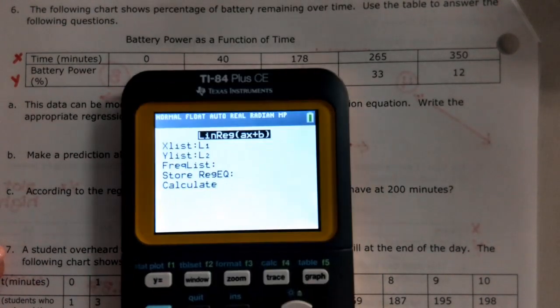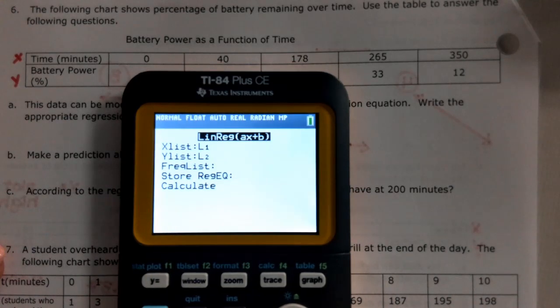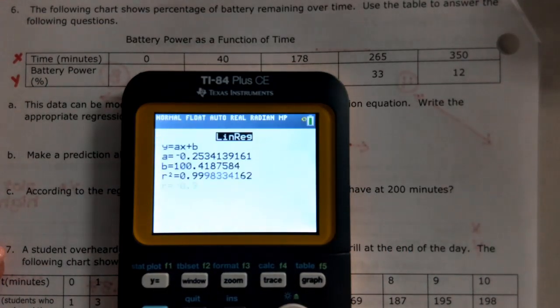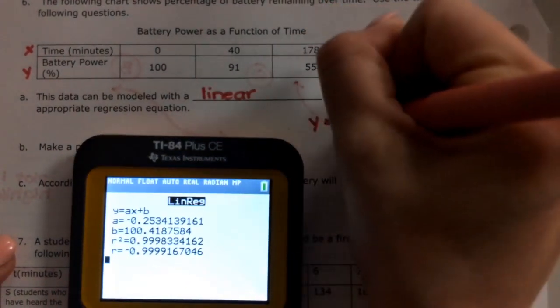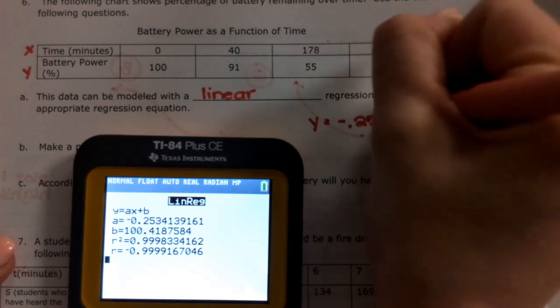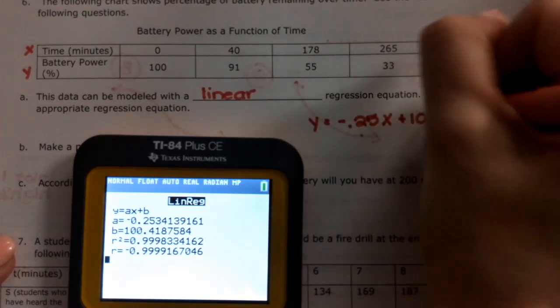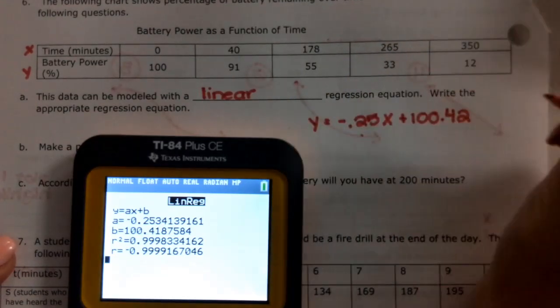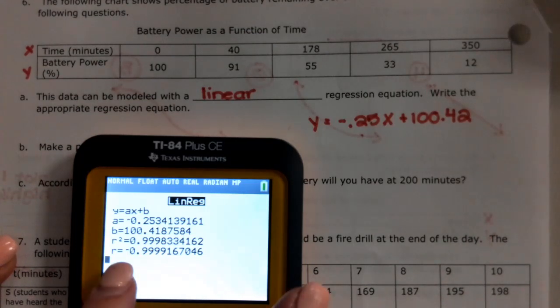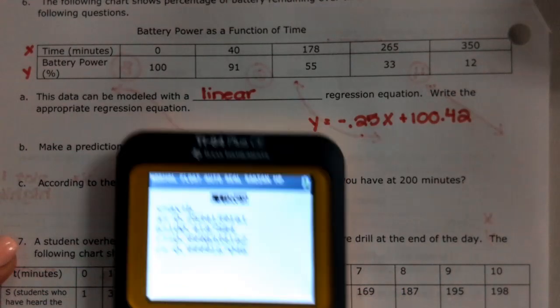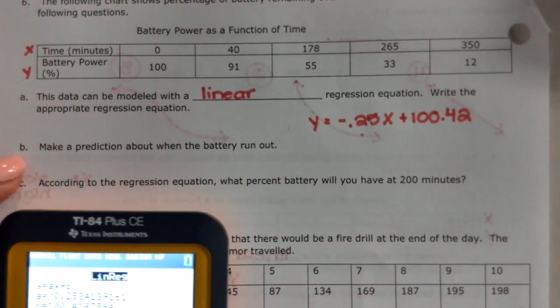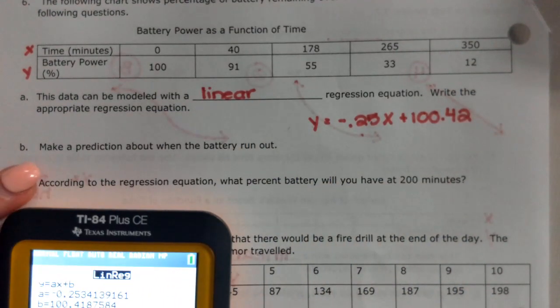We're going to store it by doing alpha, trace, and we'll calculate the equation. So y equals negative 0.25x plus 100.42. And you can see that that r value is negative 0.999916.